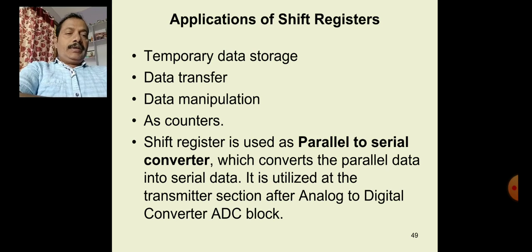That means it converts the parallel data into serial data. It is utilized at the transmitter section after the analog to digital converter, the ADC block. In the communication, before the transmitter, the analog message signal is converted to digital, so the digital data is available in the parallel format.